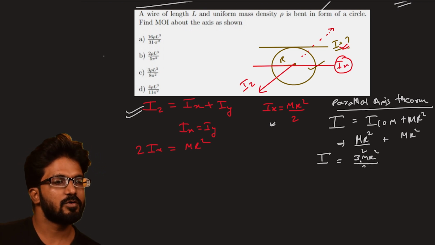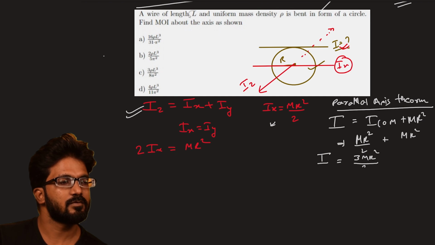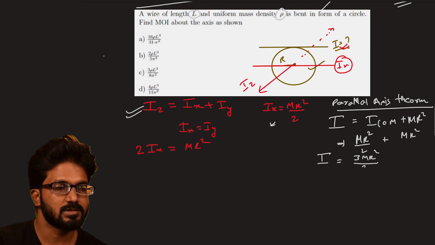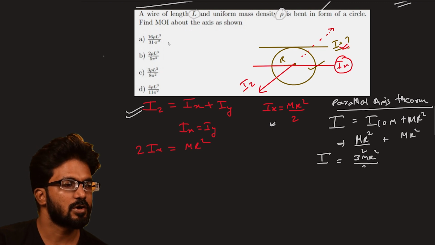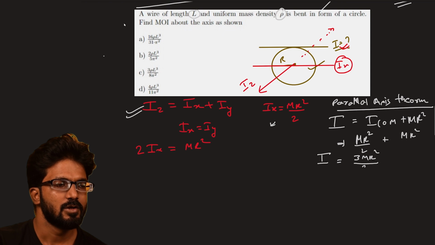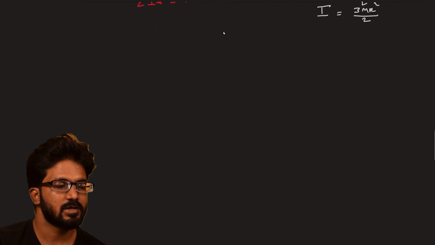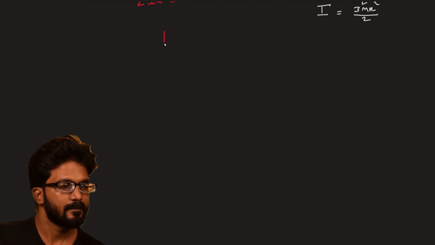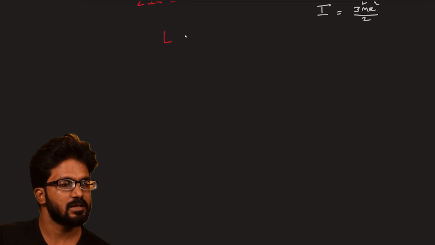But here we don't have the data in the form of radius. We have instead L and rho. So we need to convert this into L and rho, because the options given are in the form of L and the mass density. The entire circle is of length L, so L is equal to 2 pi r.